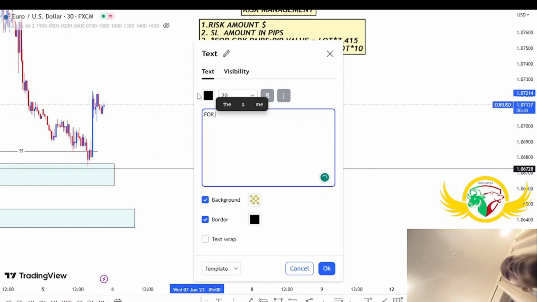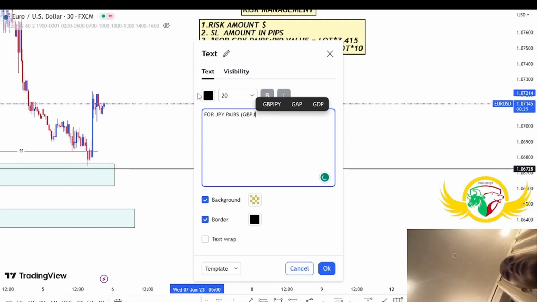Like for GPY pairs, if I say GPY pairs, it means, for example, GBP, GPY, Euro, JPY, USD, JPY, and so on.